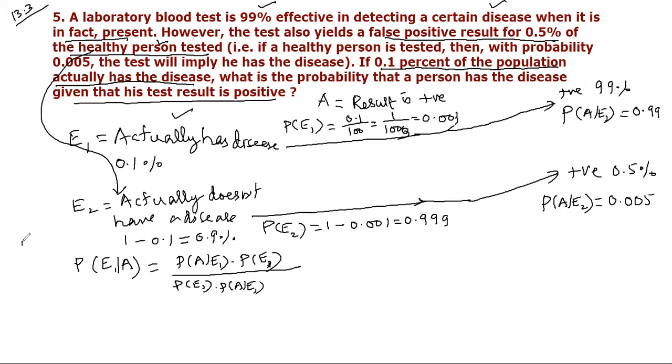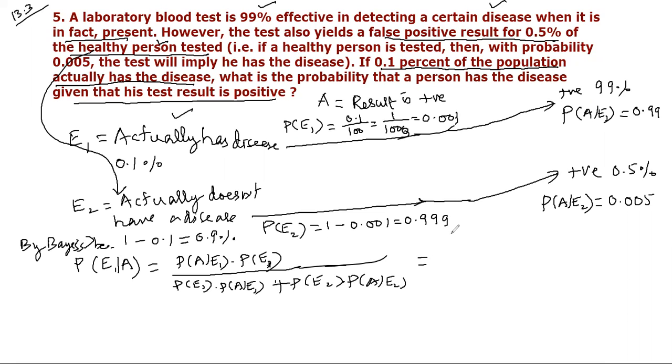In every question you can write here by Bayes theorem. Plus the probability of E2 into the probability of A given E2.